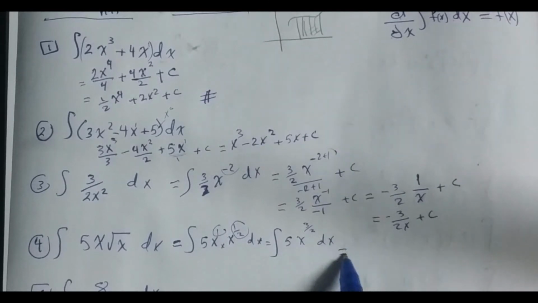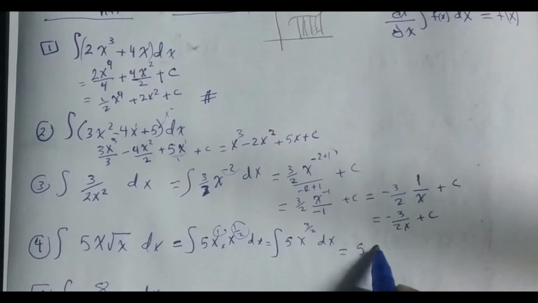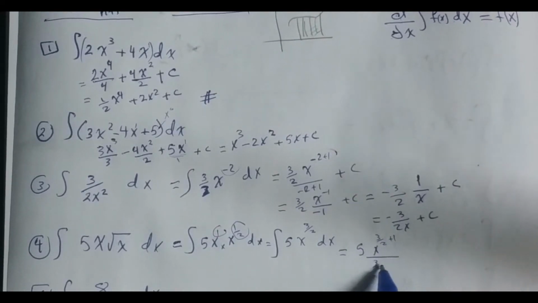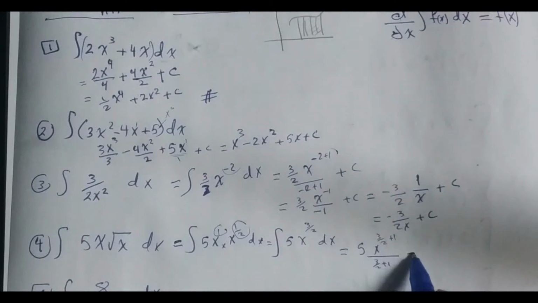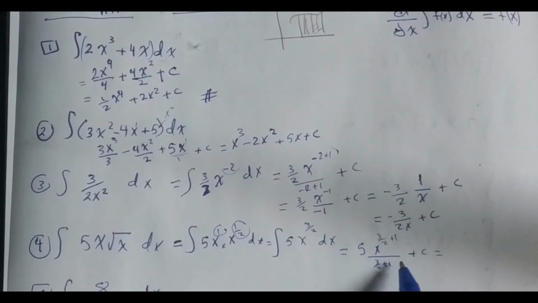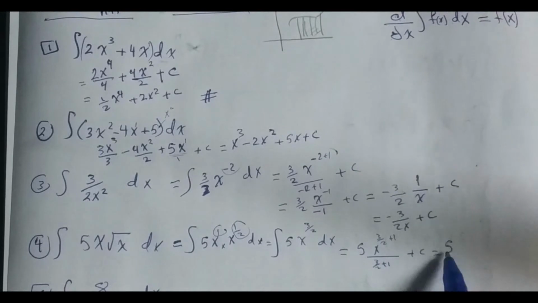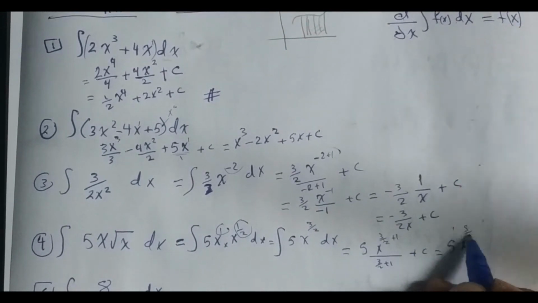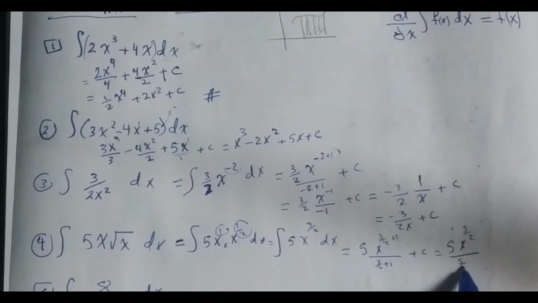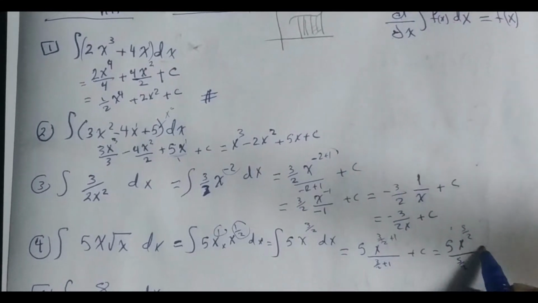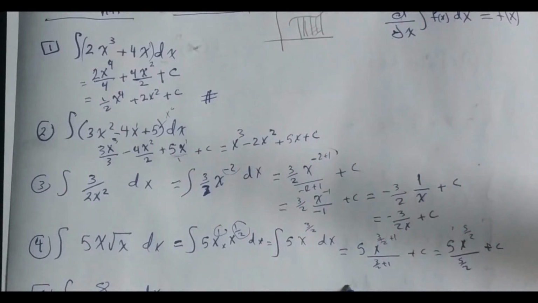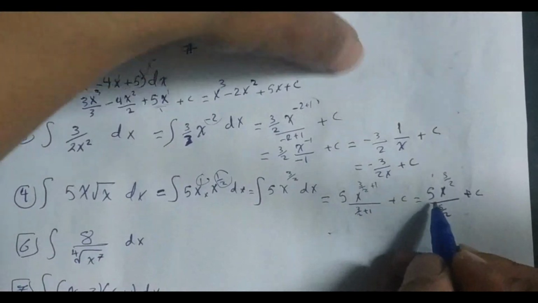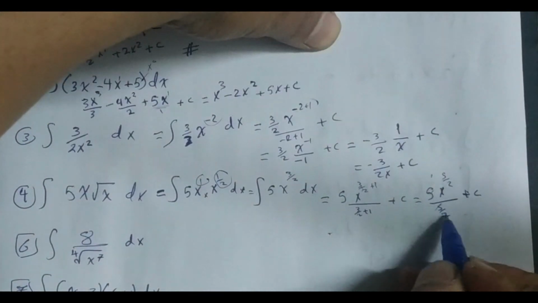Now it's easy. 5 x to the power 3 over 2 plus 1, and divide by the new power, plus constant. It will be 5 x to the power 5 over 2, and 5 over 2 in the denominator. By simplifying we can write it.